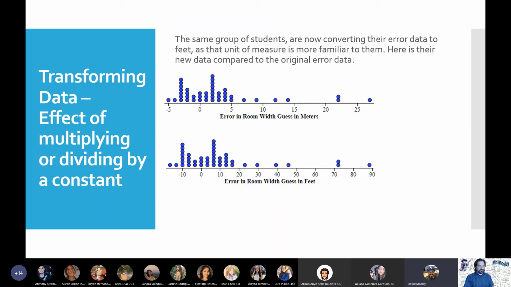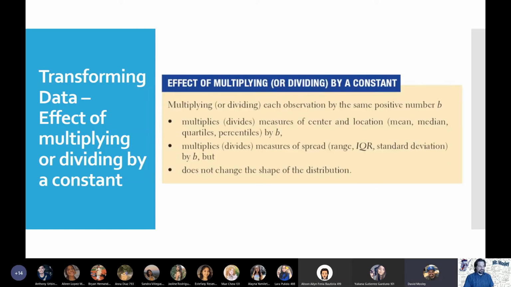Okay, so in short, the only thing that does not change is the shape when you multiply or divide by a number. Multiplying or dividing each observation by the same positive number b multiplies or divides the measures of center and location, right?